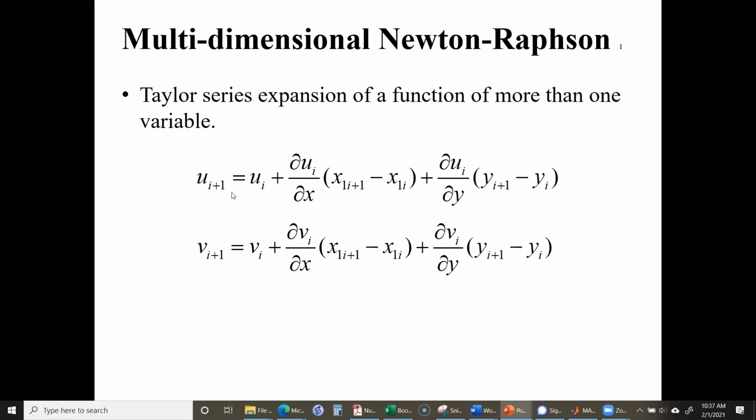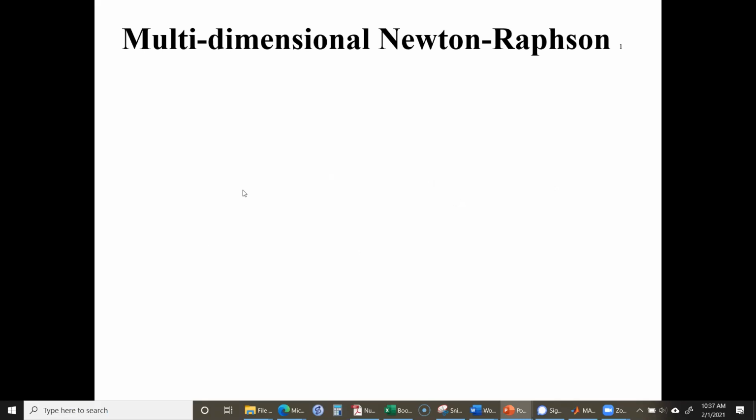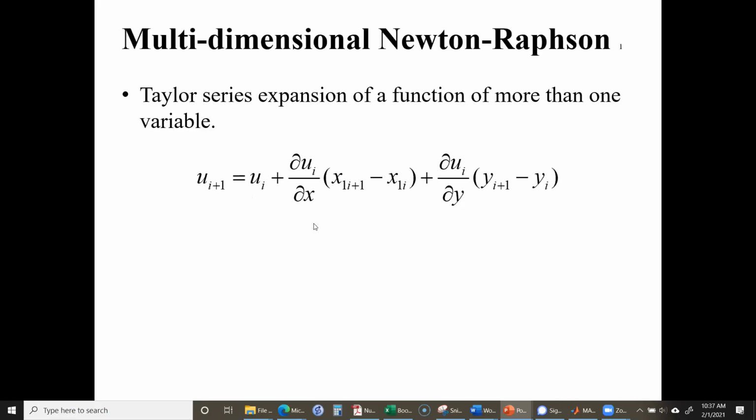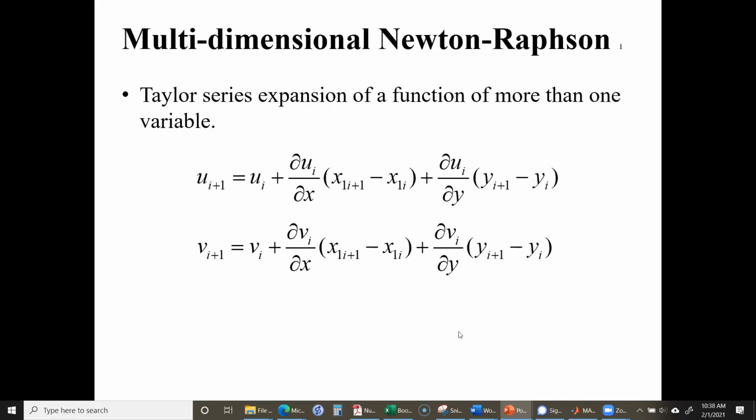So you can represent these functions u and v in the form of the Taylor series. If you take the first equation as a function u, and the second equation as a function v, then by the Taylor series expansion we can look at the expansion of these equations. I will not go into the details of this Taylor series expansion.